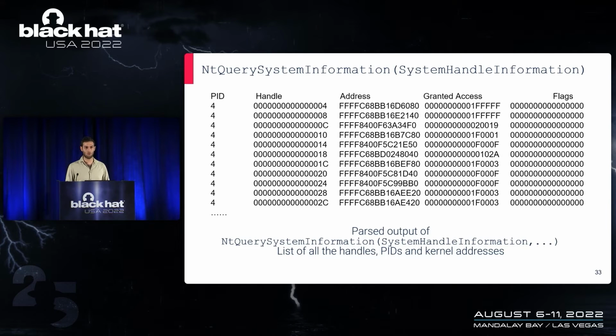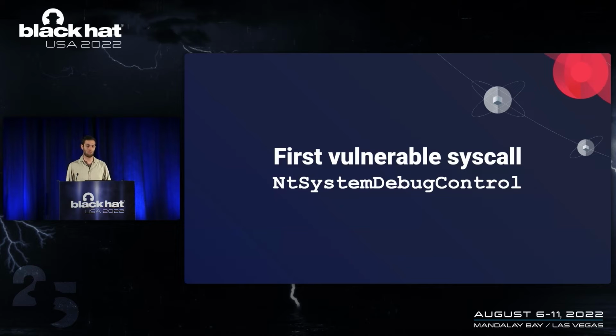But it is not possible to use these handles or addresses because we can't open a process outside of the container or duplicate a handle of it. So it is a minor info leak. We can get all the process IDs of all the processes on the host. But I want much more, so I continued to look.